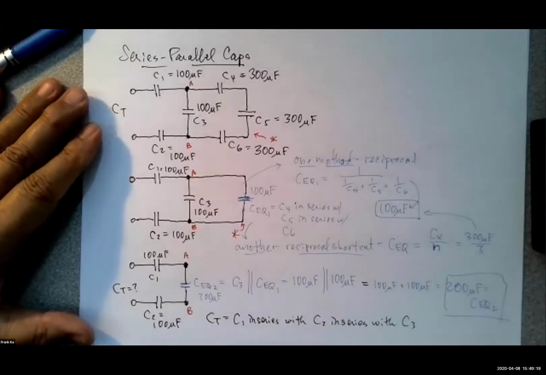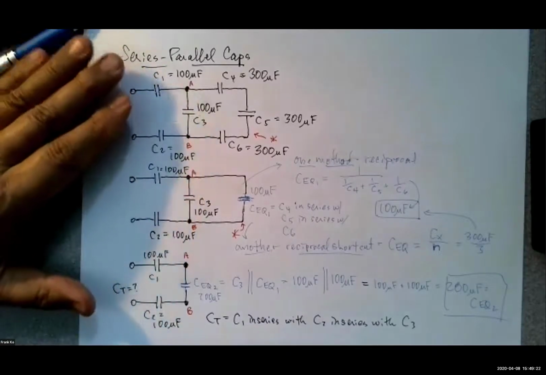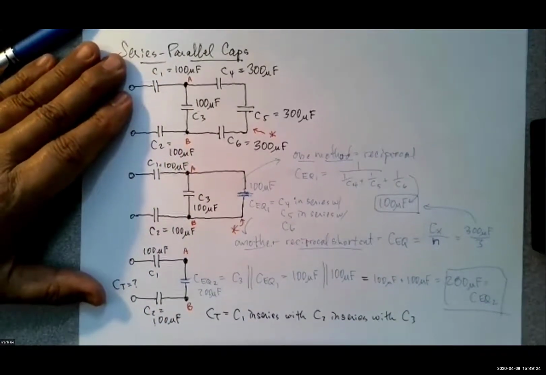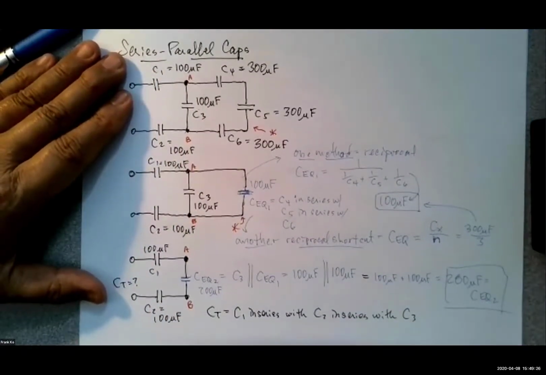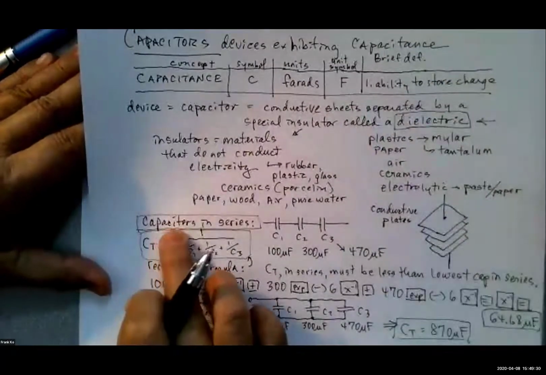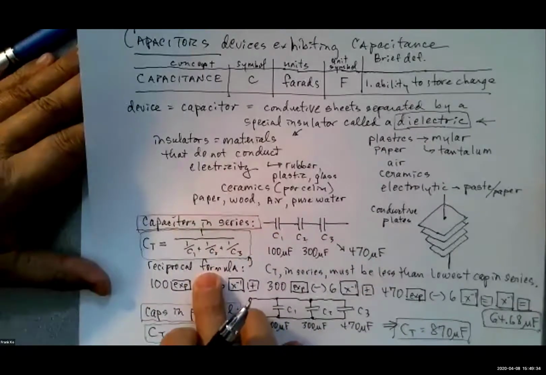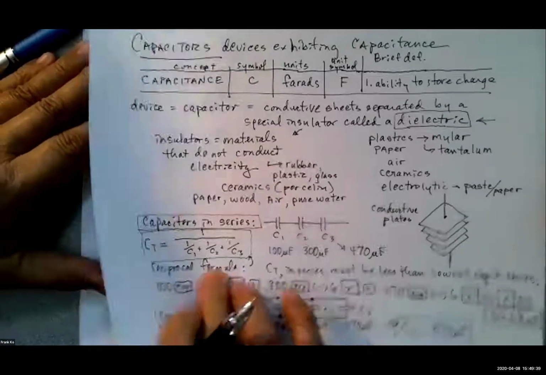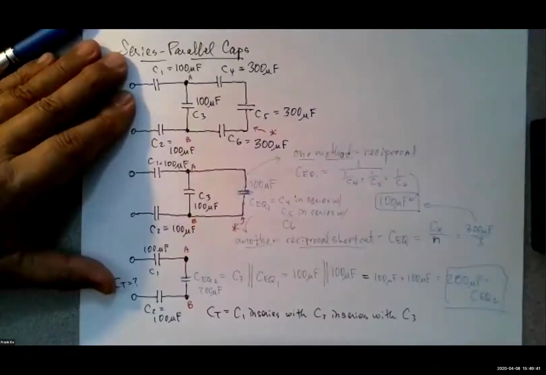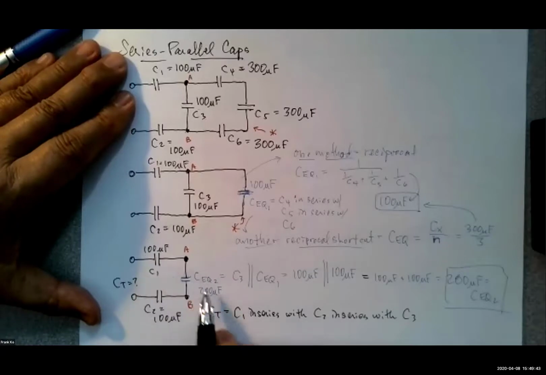So mathematically, how do we reconcile values that are in series for capacitors? What did we do for series capacitance before? We used what formula? Reciprocal formula.